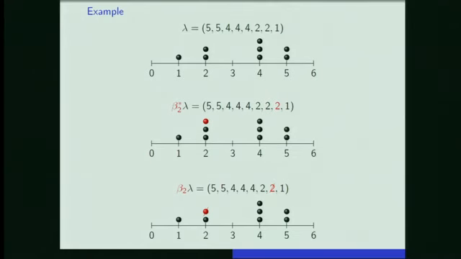Here is an example. I've written down the partition, and in the standard interpretation this corresponds to particles distributed over the integers. Since you have one component 1, there's one particle at 1, etc. The creation operator adds a component at 2 with value 2, so it means adding a particle at the second site.